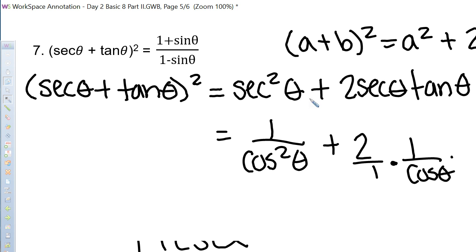And instead of tangent, I could change that to sine over cosine. And instead of tangent squared, I could change that to sine squared over cosine squared. And multiply these 3.